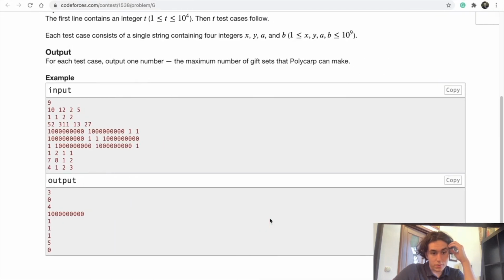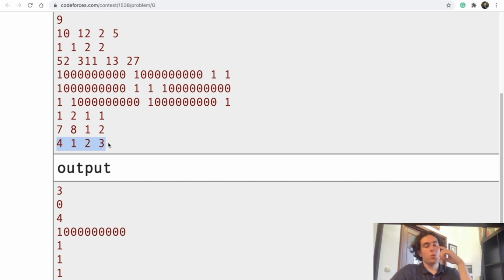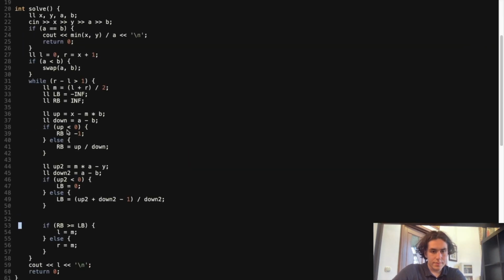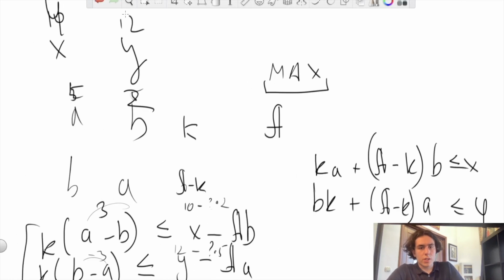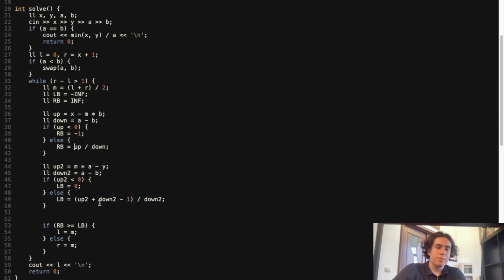It should be 0, but it's 1 for whatever reason. Minus K divided by B. Right bound.